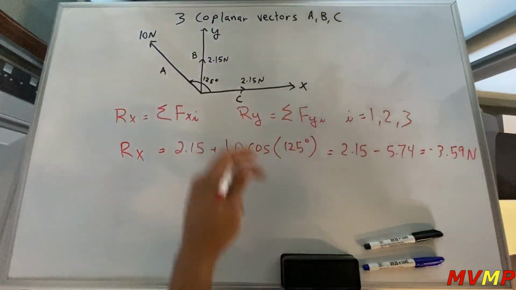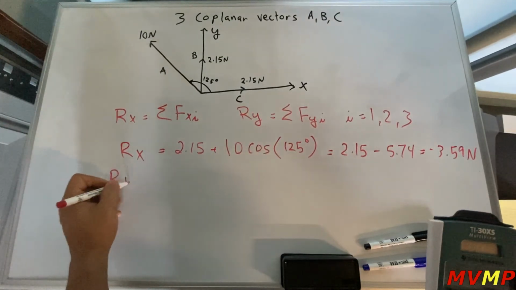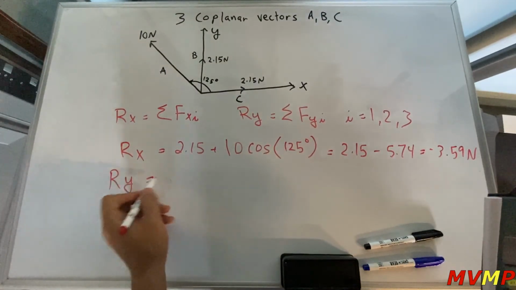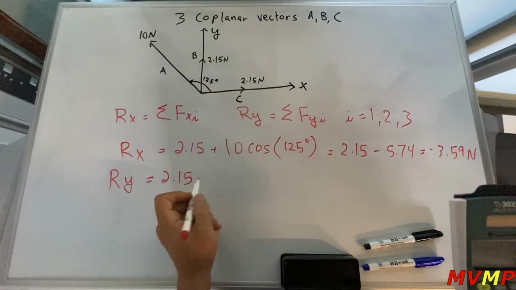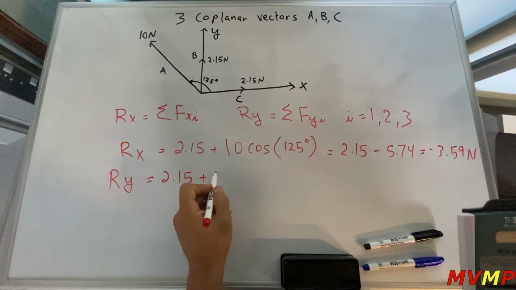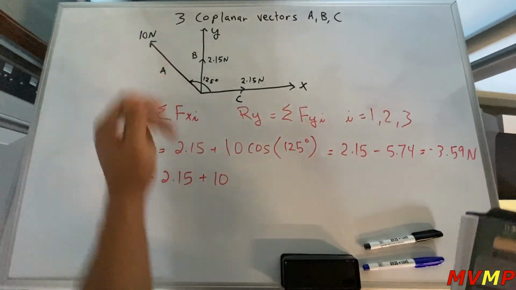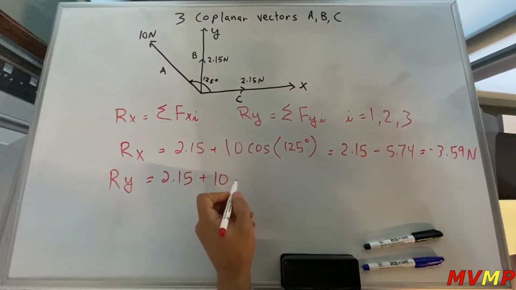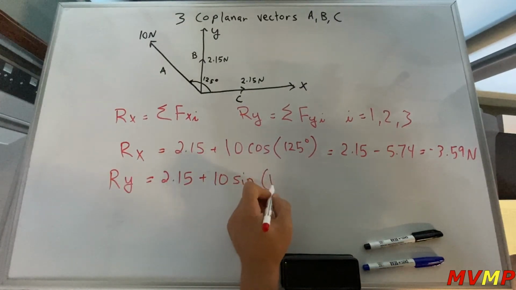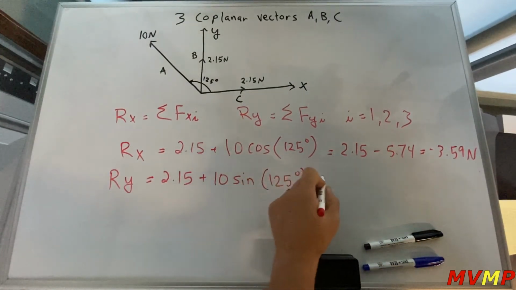north, since these are all north. Then we do Ry, which is the same thing, 2.15 plus 10 with reference to that. And this time it's on the y plane, so it will be sine 125 degrees.